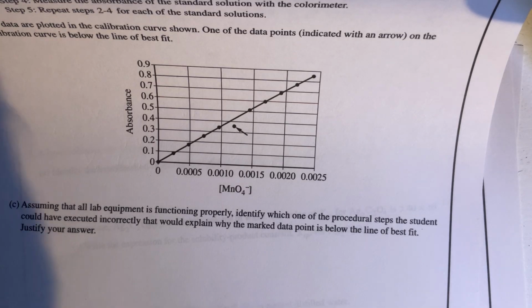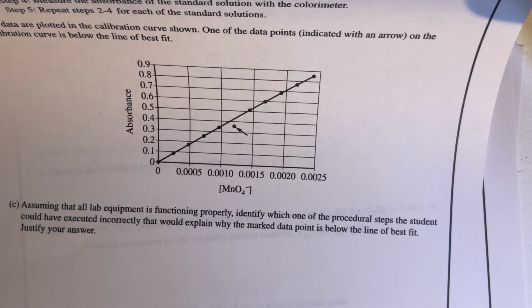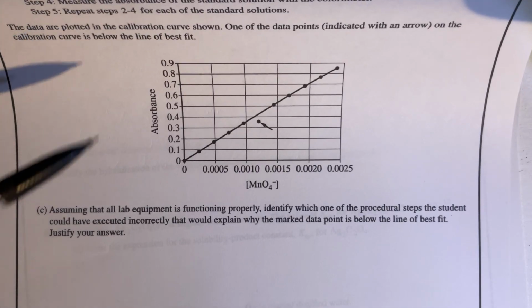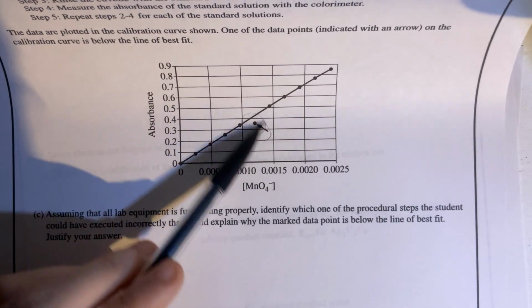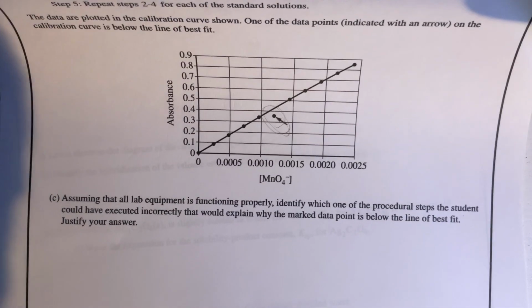So, step 3 was done incorrectly. The cuvette was not rinsed with the standard solution. So that means that the concentration was too low because it was diluted further by extra distilled water that was not accounted for.